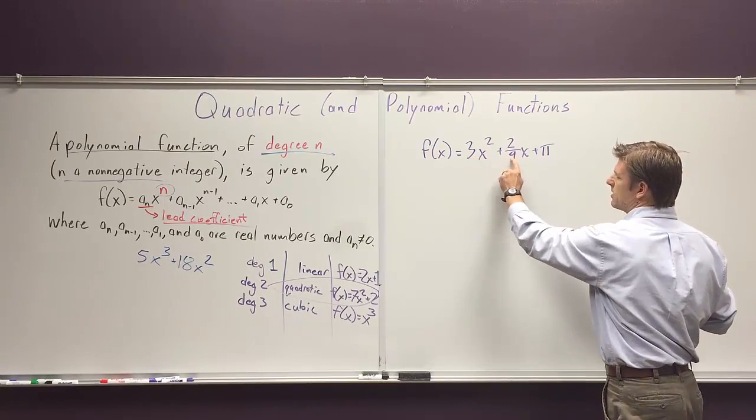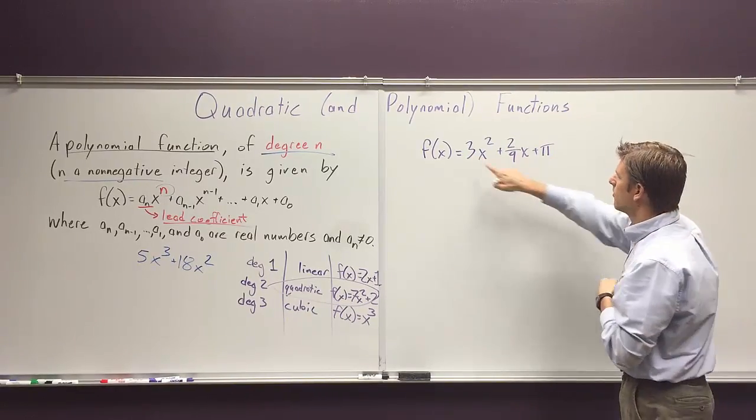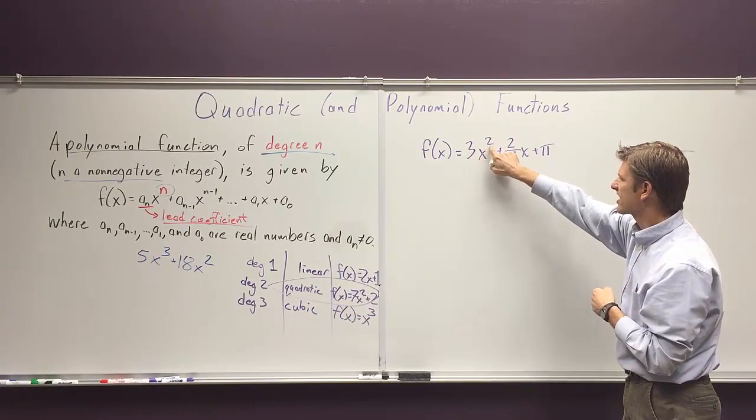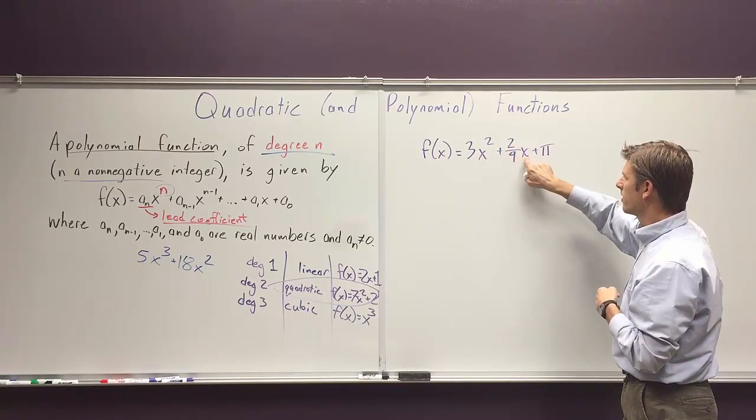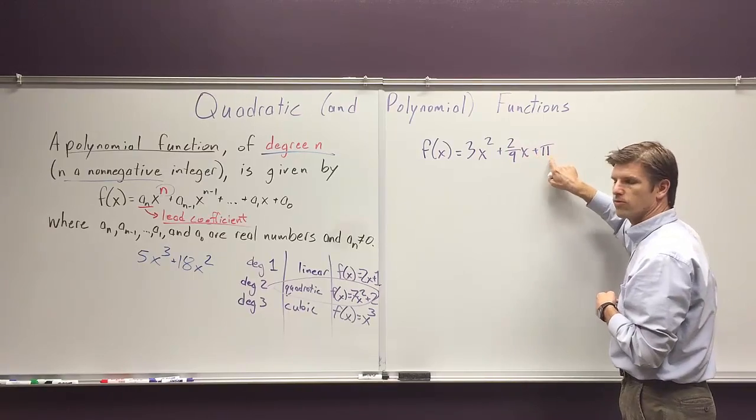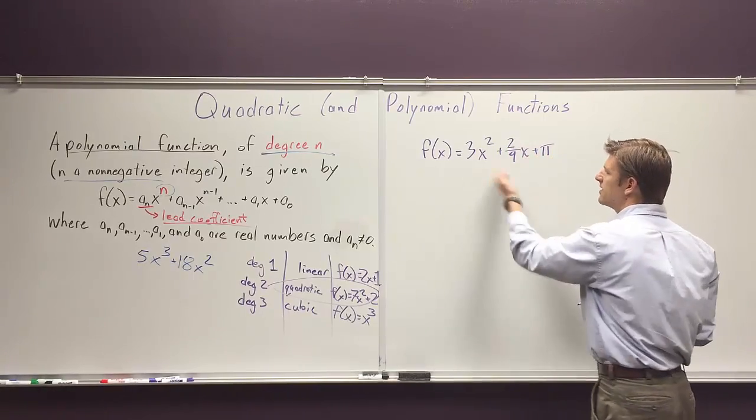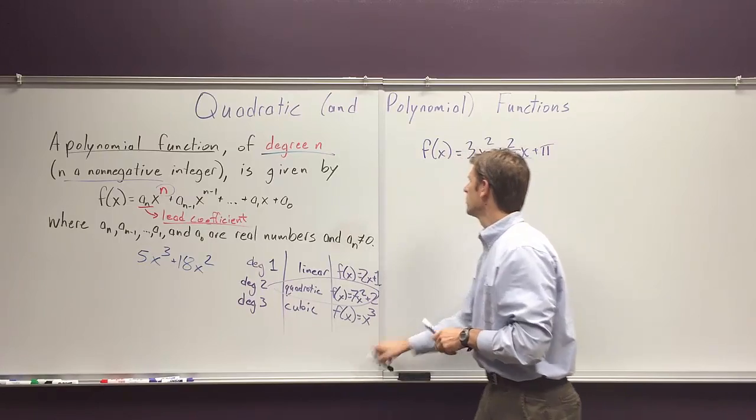These don't have to be integers, they're real numbers, right? But you have number x squared plus number x plus real number, right? Okay, this is what's called general form.